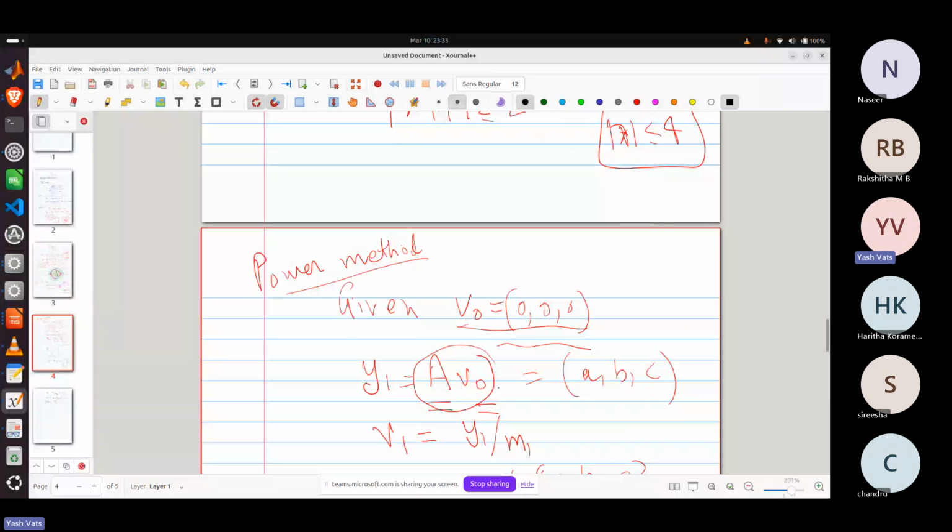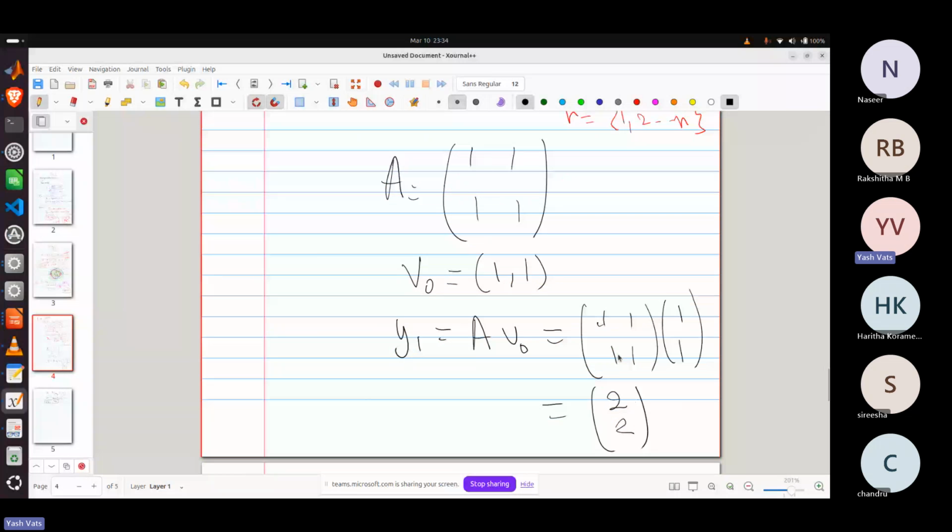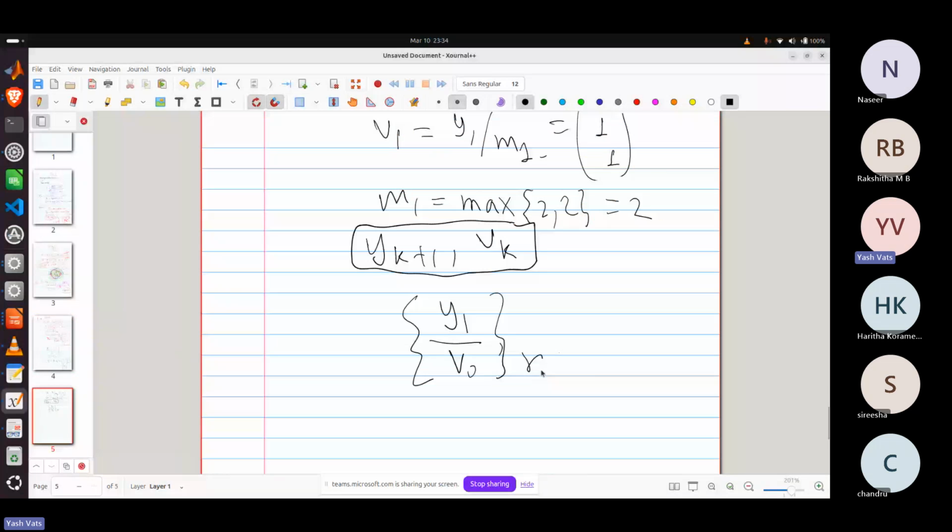And you divide yk plus 1 divided by vk. So here, y1 divided by v naught, and so on. And you have to take the limit as k goes to infinity.